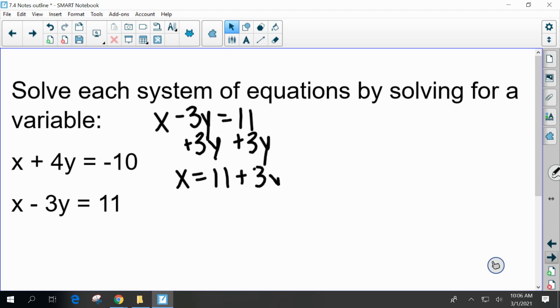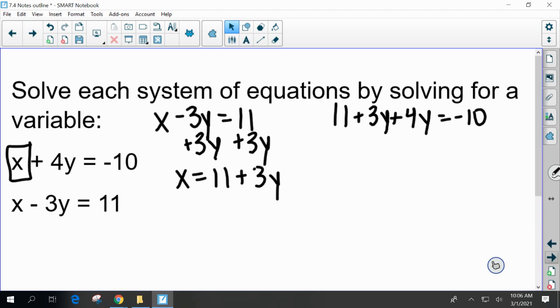So x equals 11 plus 3y. And since I worked with the bottom equation, I'm going to plug that into the top equation. So that would give me 11 plus 3y, and then I still have plus 4y equals negative 10.